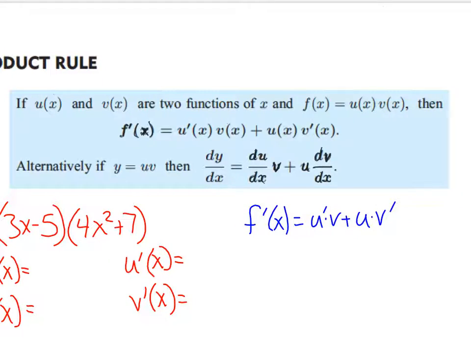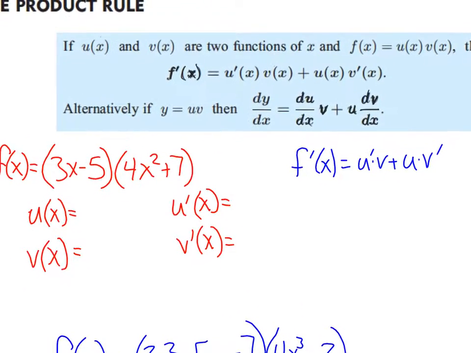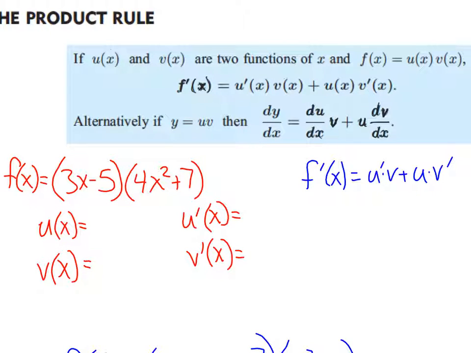So what does this mean? How does this work? If I were working through the problem we were just looking at, I would identify my two factors first. The first factor is u, that's 3x minus 5. The second factor is v, that's 4x squared plus 7.